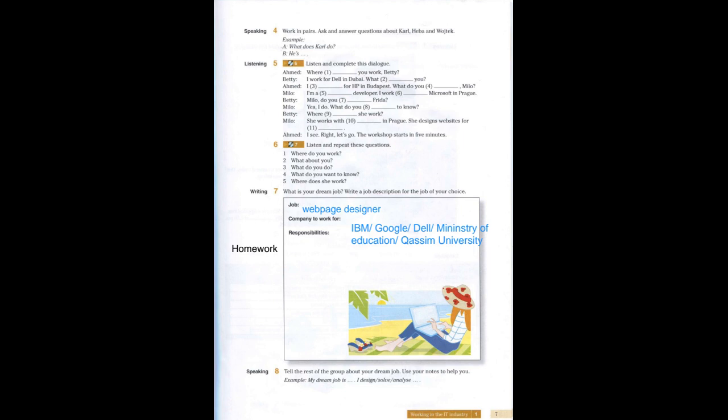And then list the responsibilities related to this job. So working in this job, what are you supposed to do? What job do you do? So I'll send you this as a task that you have to complete in Blackboard.